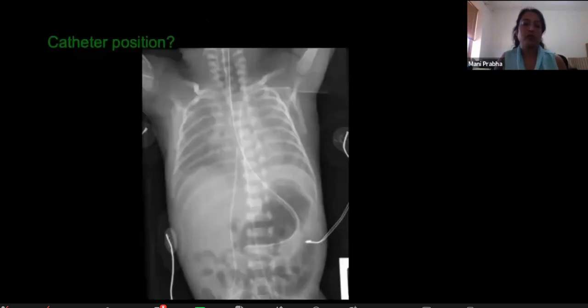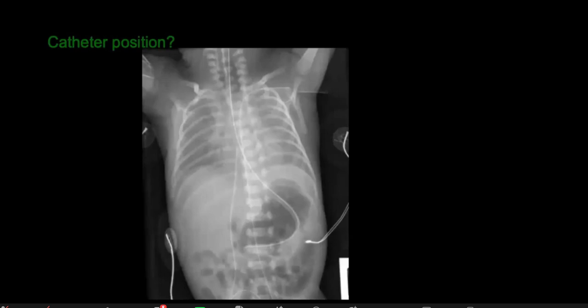Okay, next one for you. Okay. Again, I'm provided with the babygram in which multiple lines and tubes are noted. So I can trace down the umbilical artery catheter in the normal position at approximately T7, T8.